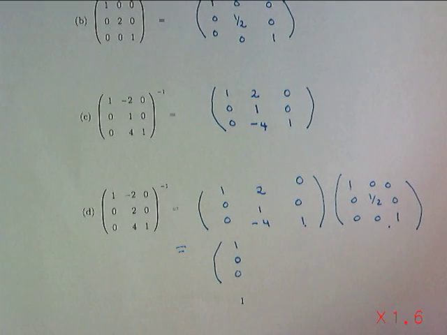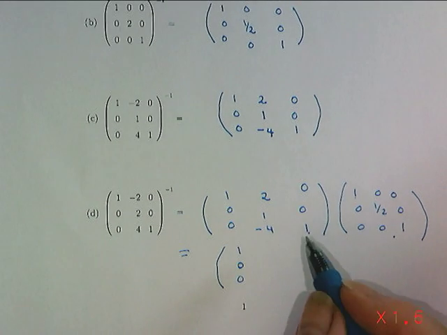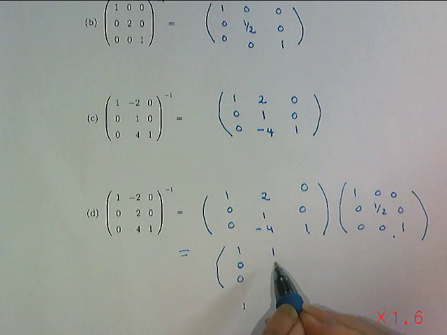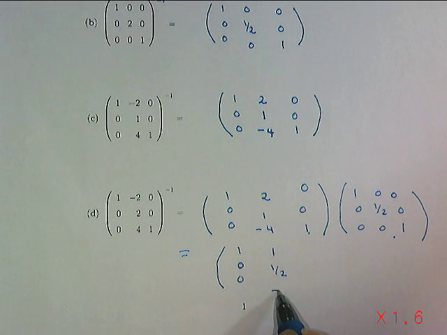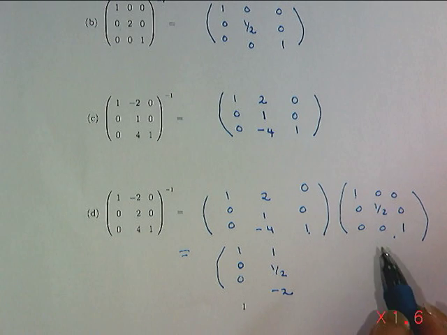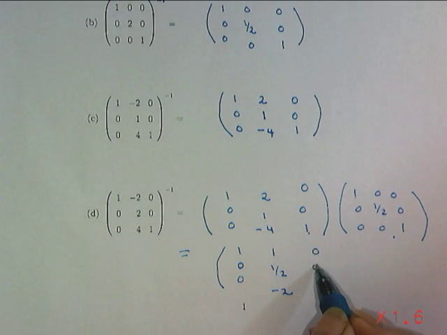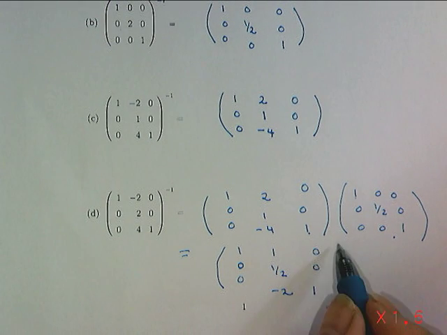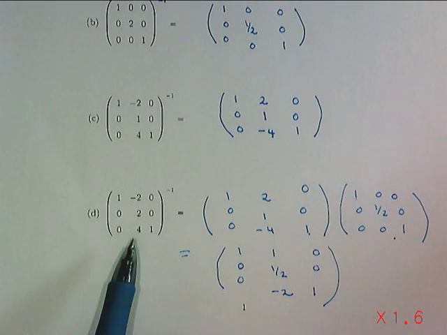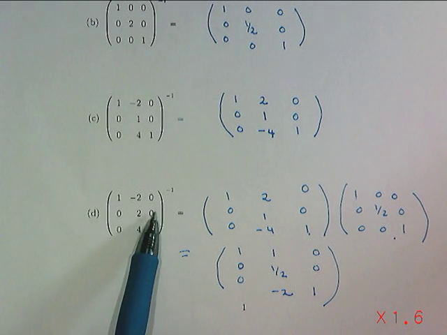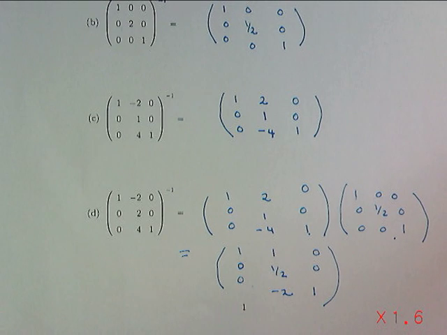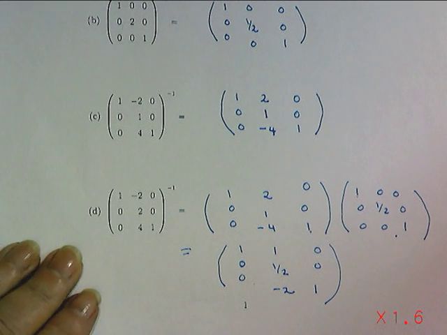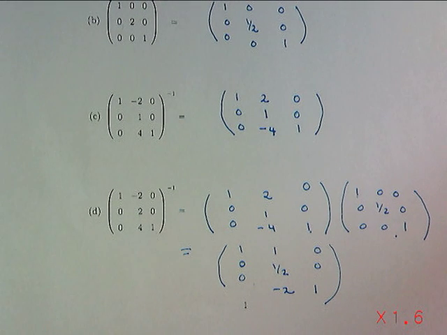The second column will be scaled by multiplying by 1/2, and we'll see 1, 1/2, negative 2, and the last column will be 0, 0, 1. To make sure that I've done it correctly, what I should do is multiply this matrix times this, and I should get the identity, but I'm pretty sure I did it correctly. So that's the first question of the sample exam.